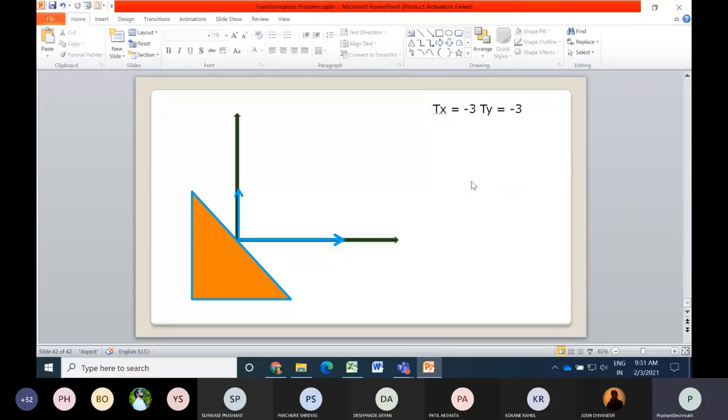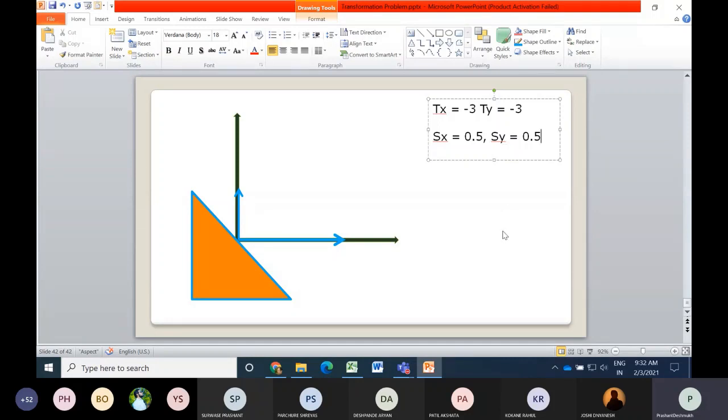Next, you have to perform a scaling. Now, when the scaling is given as a particular factor, in that case both the factors Sx and Sy will be the same. Otherwise, the problem will specify different scaling factors. So here, Sx equal to 0.5 and Sy again equal to 0.5.